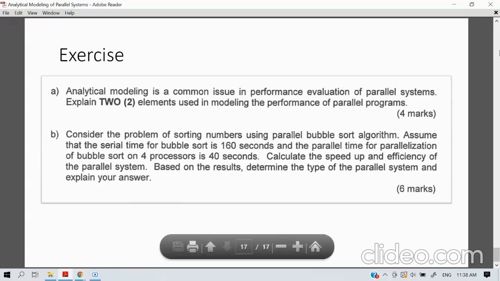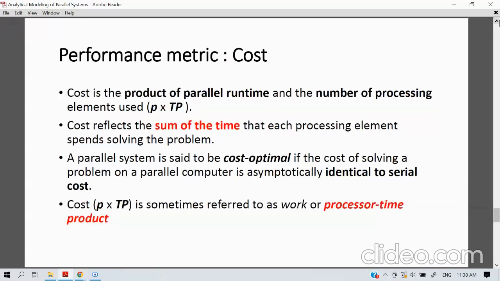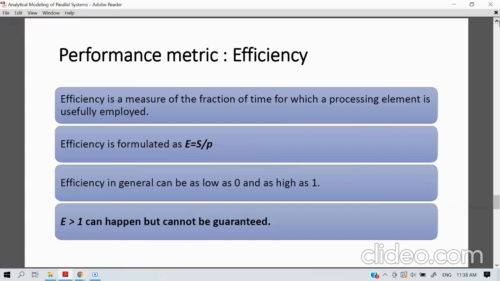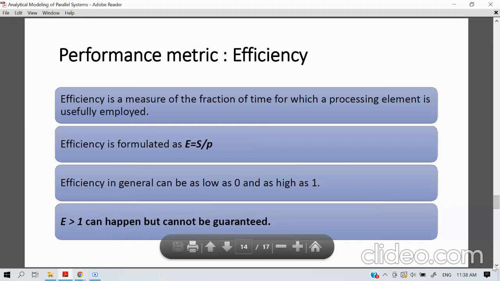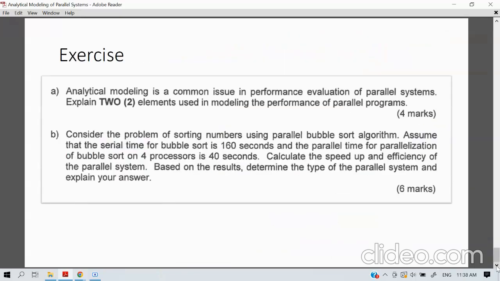What is the formula to calculate the efficiency? Okay, so efficiency, E equals S over P. Now you have found S, so you just have to divide by P. So how many P? E equals S over P. You already got S earlier, what is S? Now just put it into the formula. Okay, anyone?